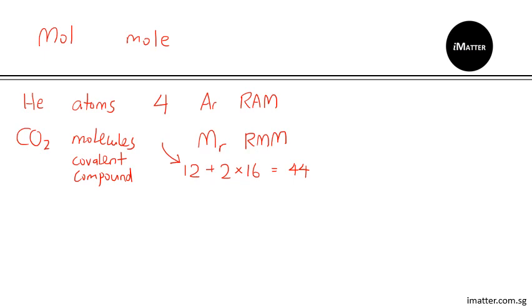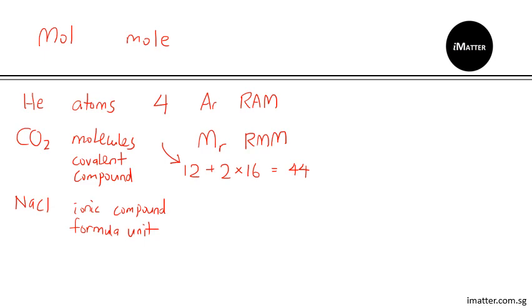Now, if you're looking at a compound like sodium chloride, again, be aware that this is an ionic compound. So we don't really count NaCl as a molecule. Instead, we use the term formula unit. Technically we don't use relative atomic mass since it's not in the form of atoms, neither do we use relative molecular mass since NaCl is not in the form of molecules either.